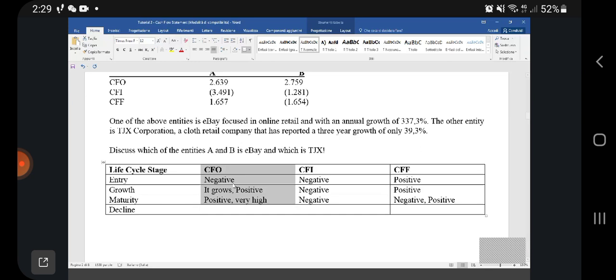Now, for these companies, 2020 was a typical year, even for those companies in the maturity stage, when the CFO was not enough to finance the other two activities, so they needed to take loans and debts. Therefore, the cash flow from financing would be positive, representing much cash coming into the company.